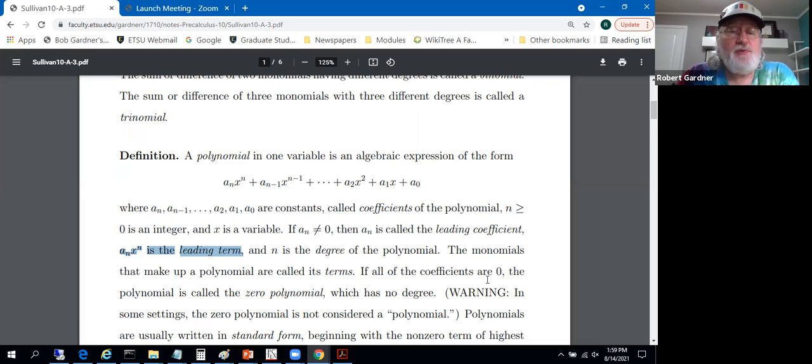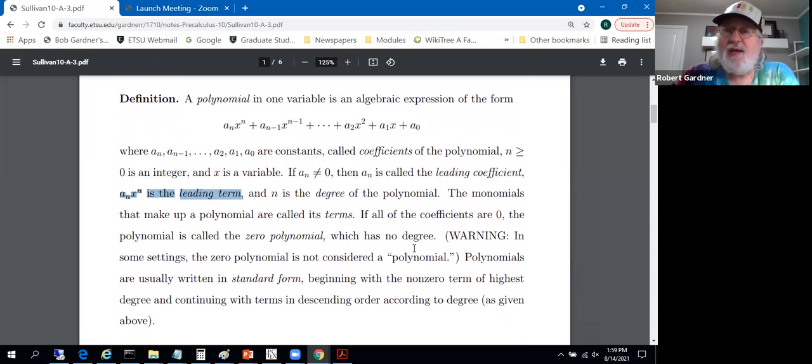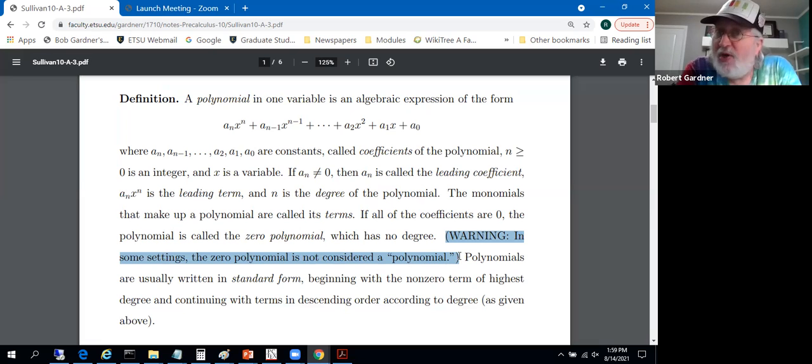If all the coefficients are 0, then the polynomial is called the zero polynomial, for which the degree is not defined. In some settings, 0 doesn't even count as a polynomial. The reasons for that are related to the fundamental theorem of algebra, which we'll encounter along our way. An n-degree polynomial has, if you use complex numbers, n roots or n zeros, n numbers that make that polynomial take on the value 0.